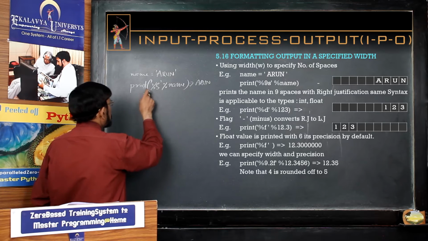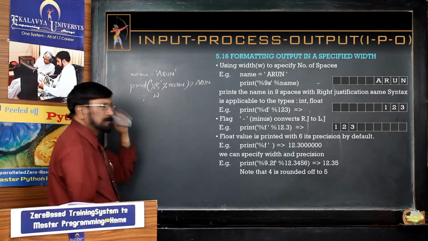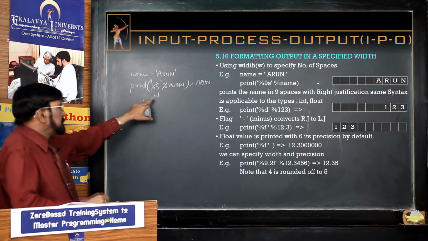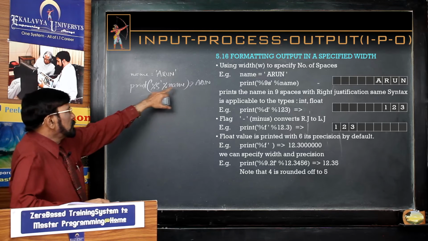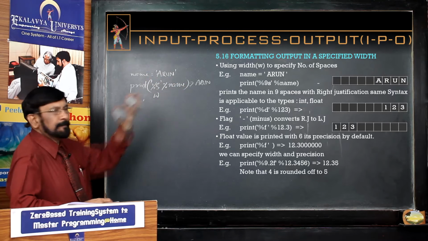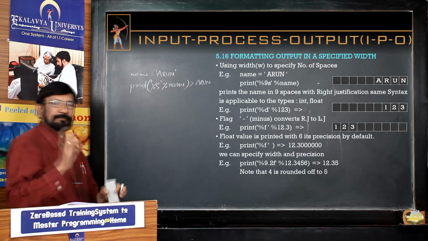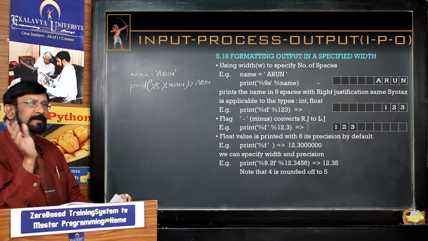For that purpose, what we have to use is width, W. It is represented by W. Actually, it is width. So, in a specified width, we want to print this name that I will show you. Width is always an integer value.